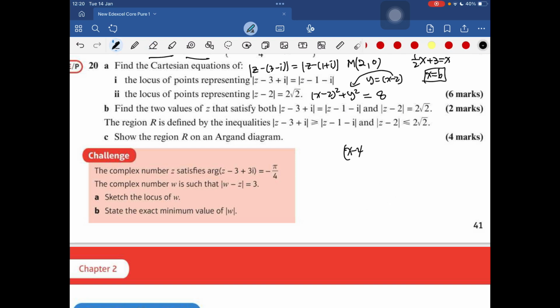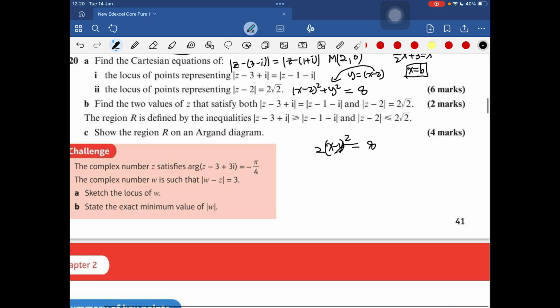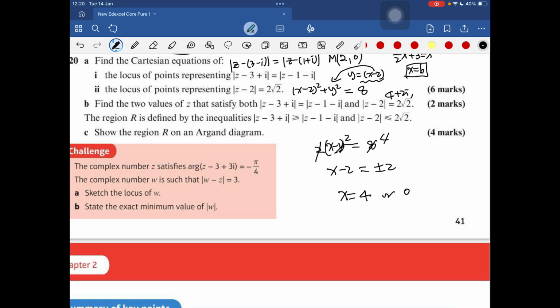So x minus 2 squared equals 4. So x minus 2 equals plus or minus 2. Therefore, x could be 4 or 0. So when x equals 4, then y equals 2, so 4 plus 2i. And when x equals 0, y equals negative 2, so negative 2i.